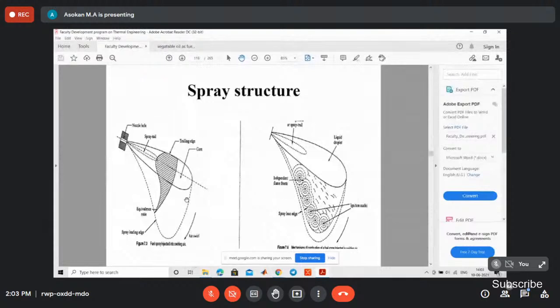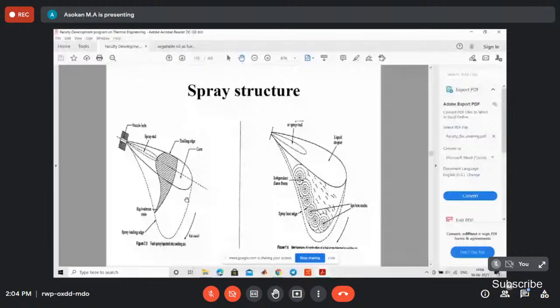Right? So the air molecules take the fuel droplets and surround them. Then the heat available in the air molecules, because of the higher temperature, attains the ignition temperature. Then the heat transfers between the air molecules and the fuel molecules. Then it attains the ignition combustible range. Then combustion starts. See the second figure.